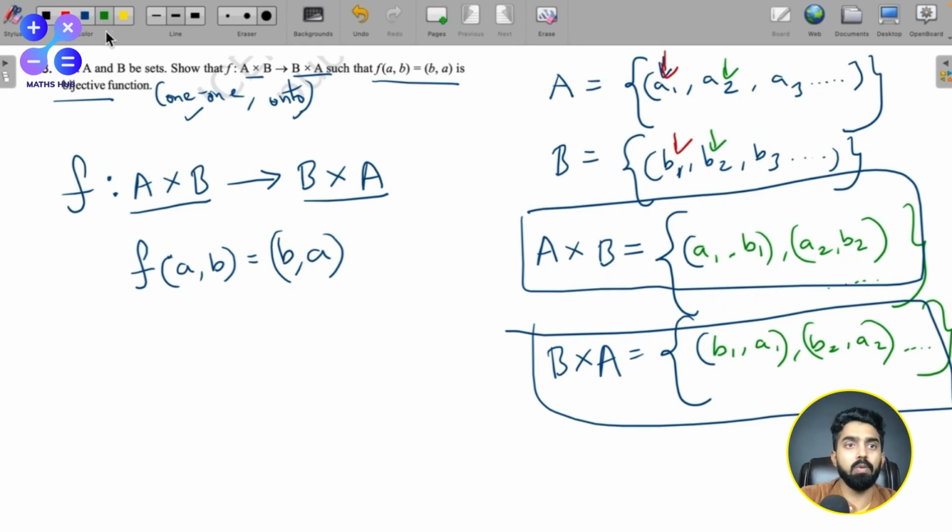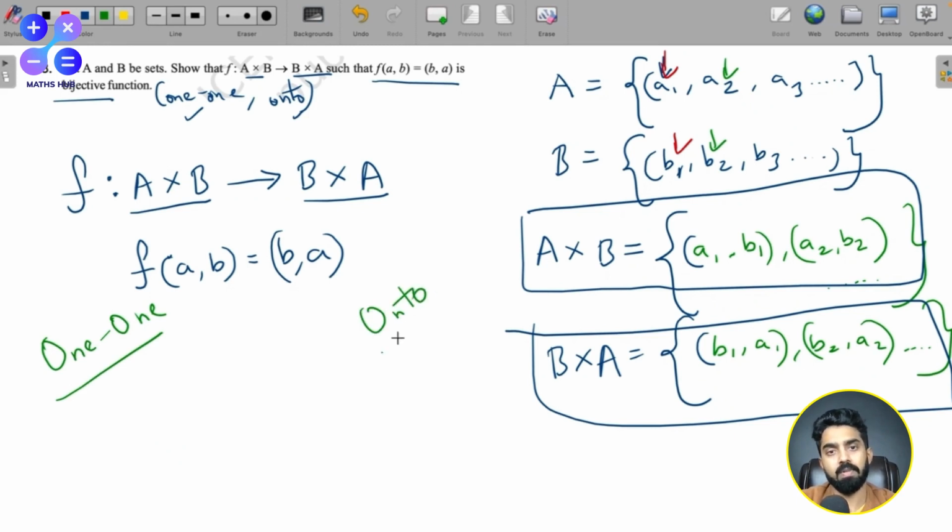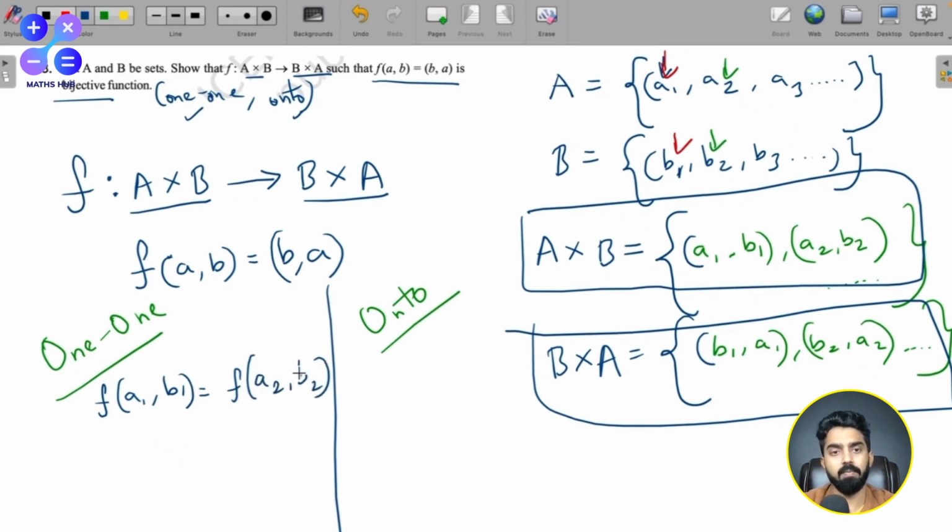Now, is it one-to-one and onto? Let's check. Is it one-to-one? And is it onto? Let's check. For it to be one-to-one, what do we need? Our usual drill is what? We need to say f of (a1, b1) is equal to f of (a2, b2), right?